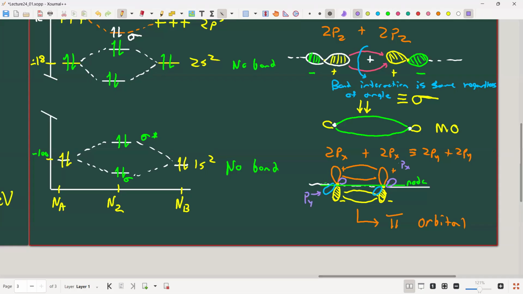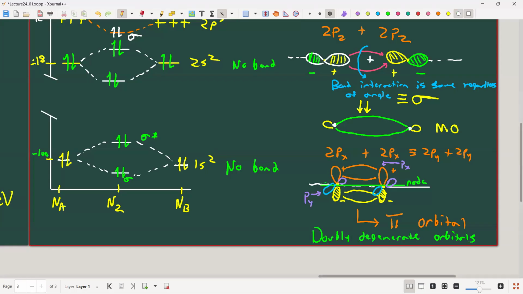So we get two equivalent sets of p orbitals, the x ones and the y ones. There's a degenerate set. These are what we call doubly degenerate, which means there's two of them and they're the same energy.